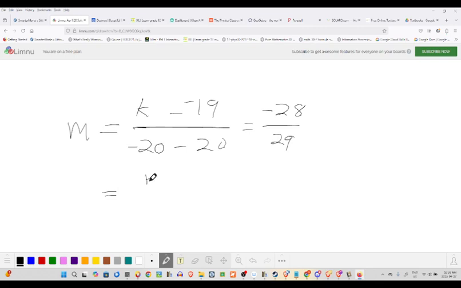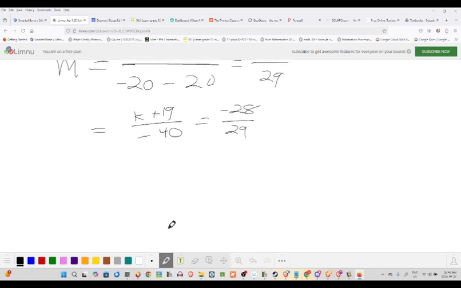So this is k plus 19 over negative 40. But that has to equal negative 28 over 29. Well, 29 is prime, so we're just going to multiply that negative 40 up.